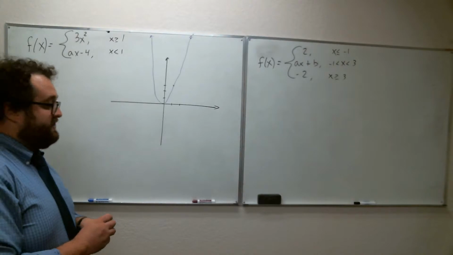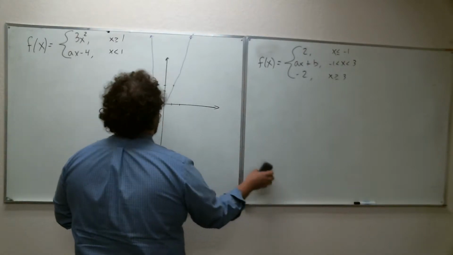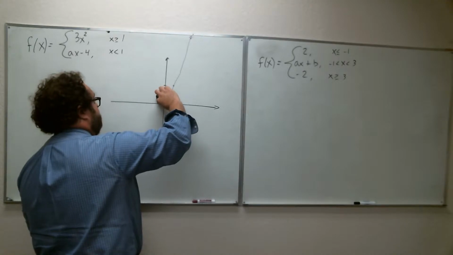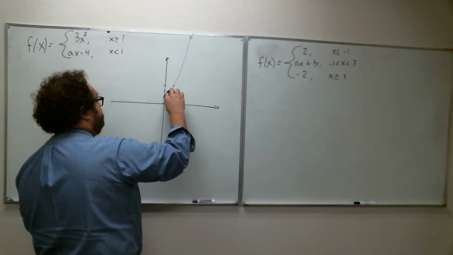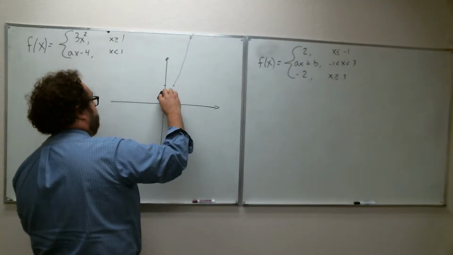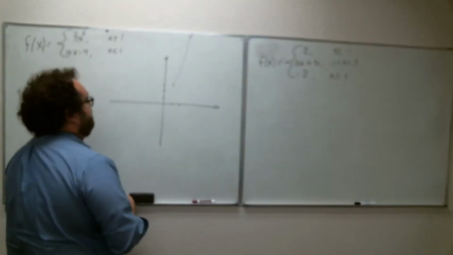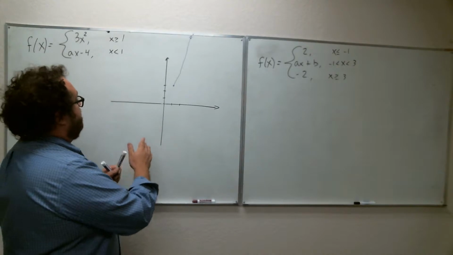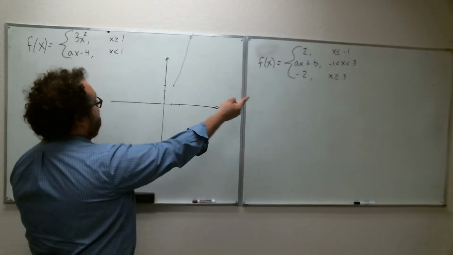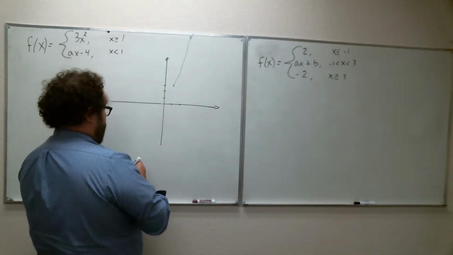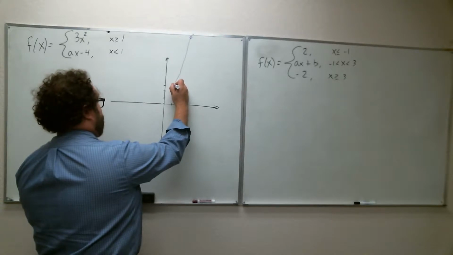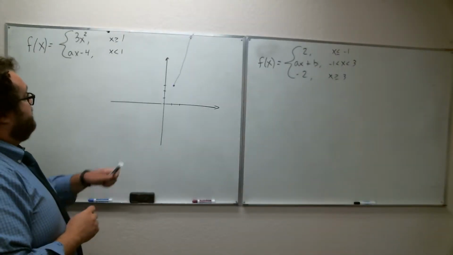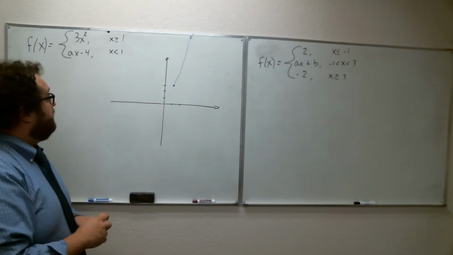So I have to erase everything that is not above an x value that is 1 or bigger. So I erase all of that. So the parabola, we erase everything except from 1 and to the right. And we do signify for the time being that f of 1 is 3 in this case.